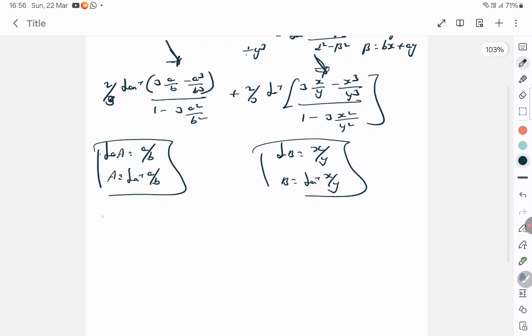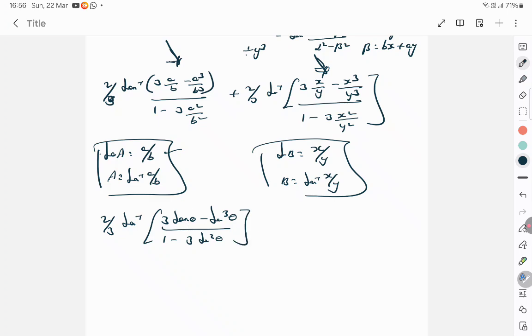So this can become 2/3 tan inverse of (3 tan θ − tan³θ)/(1 − 3 tan²θ), which is actually A because we assumed it as tan A, plus 2/3 into tan inverse of (3 tan B − tan³B)/(1 − 3 tan²B).